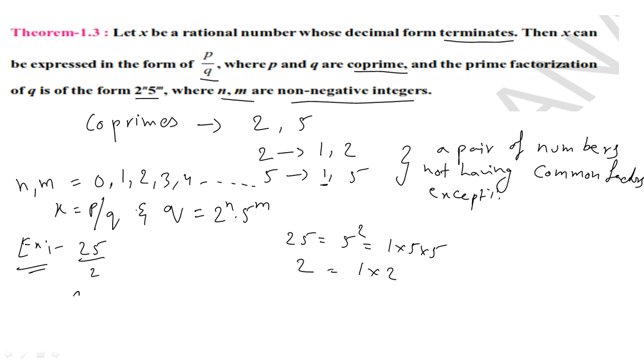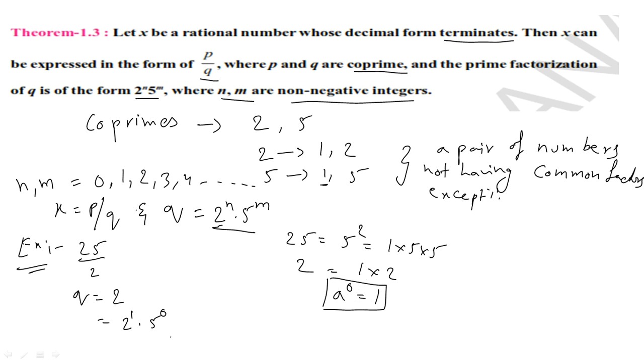Then q is equal to 2. Q should be of the form 2 power n into 5 power m, which is 2 power 1 into 5 power 0. Anything raised to the power of 0 is equal to 1. In laws of exponents, we would have studied that to the power of 0 is equal to 1. Isn't it? The decimal number terminates.